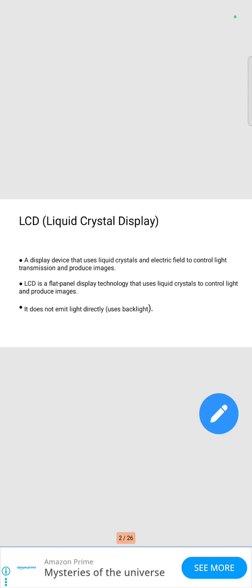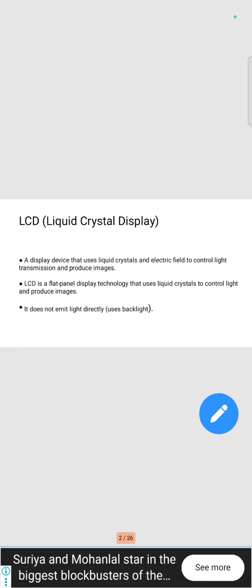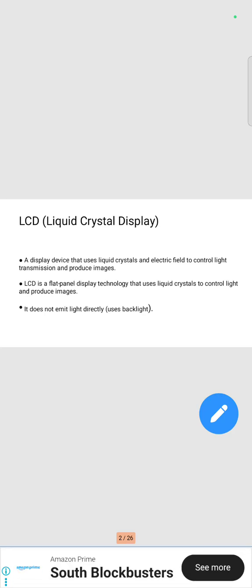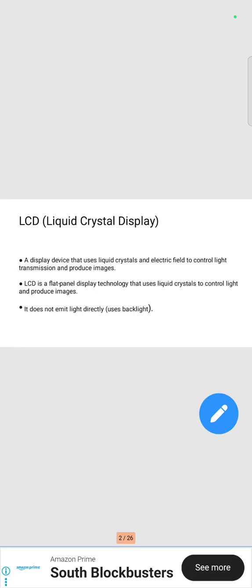If this electric field is applied to this liquid crystal, these molecules can change their alignment. Alignment means arrangement. So if this electric field is applied, it controls the light, right? This is very useful in display technology.